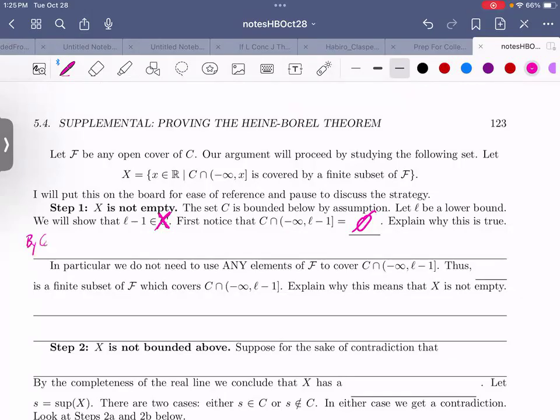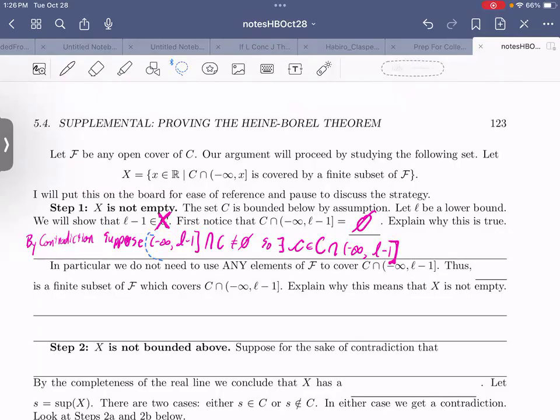By contradiction, let's suppose negative infinity to L minus 1 intersect C is not empty. So there exists some c in C intersect negative infinity to L minus 1.